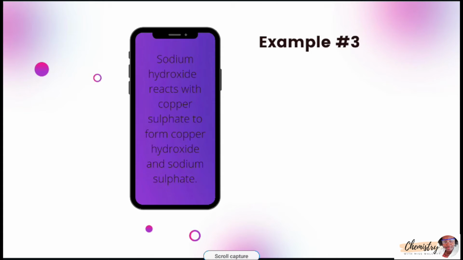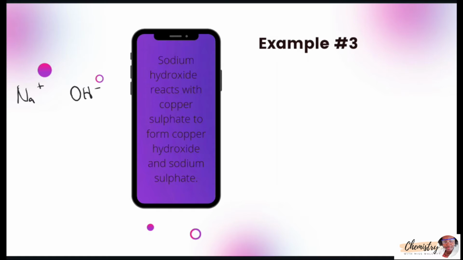Sodium is in group 1, which means that its ion would have 1 positive charge, as 1 electron would have been lost. Hydroxide is one of our complex ions or polyatomic ions, and it has the formula OH minus. So together they would form NaOH, sodium hydroxide.